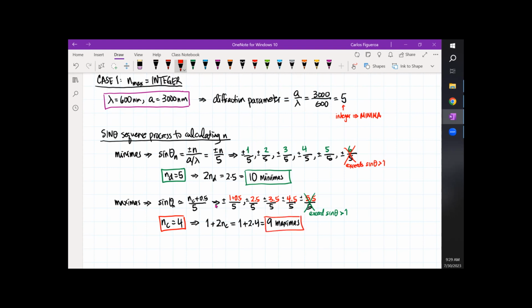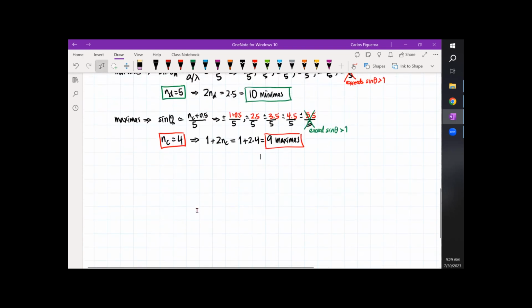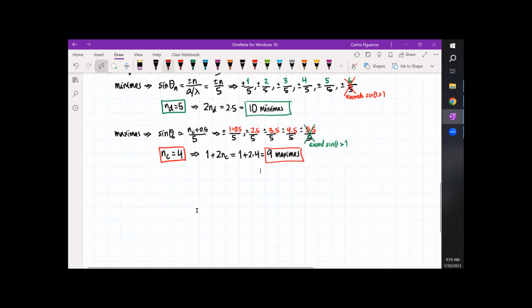So now we have our pattern. What we can do here is draw out the diffraction pattern. What do we have?